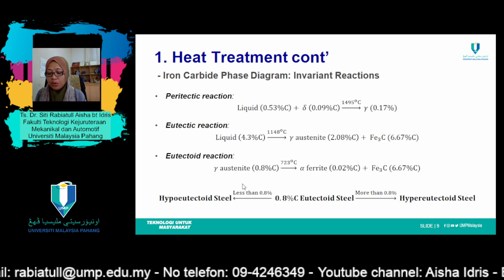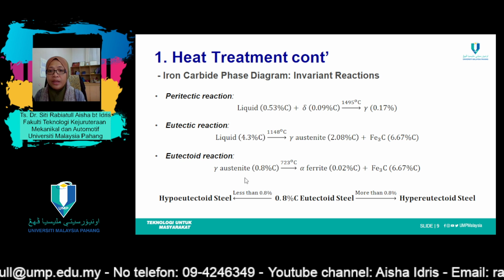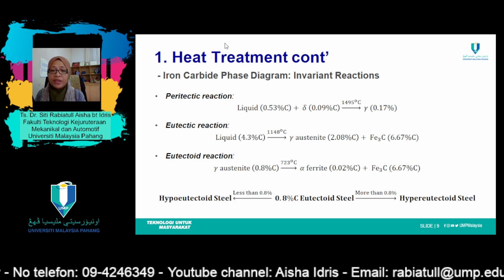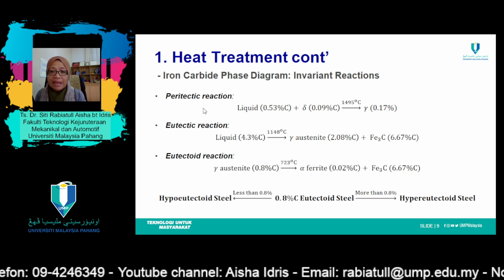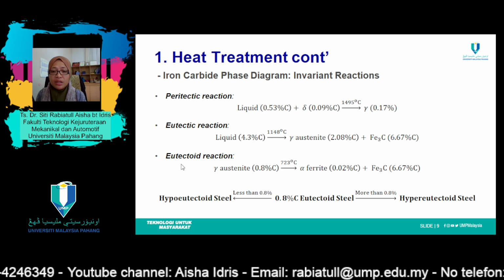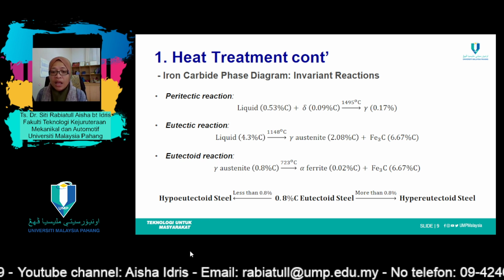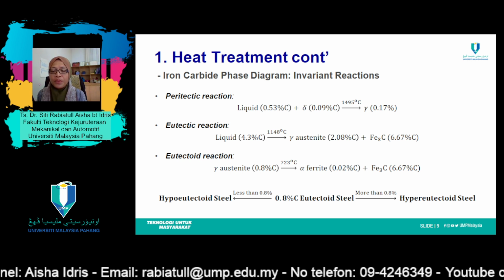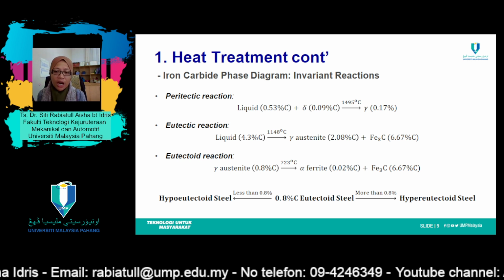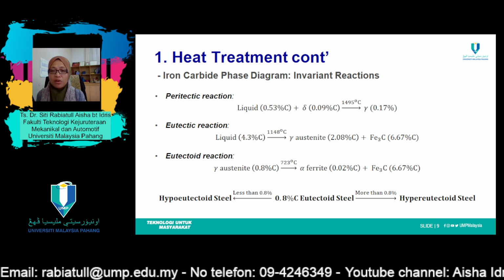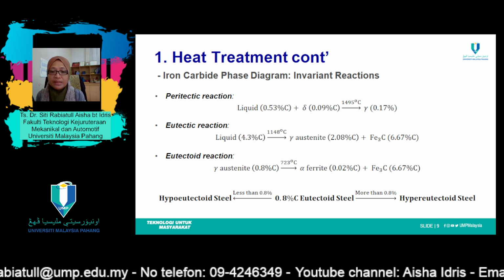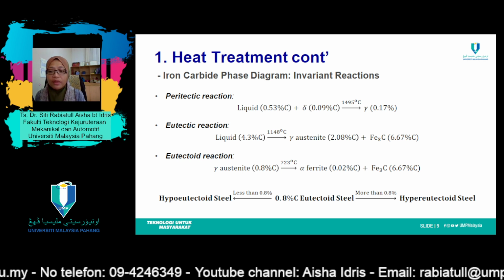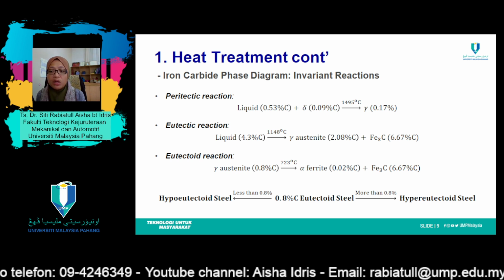Other than that, you should also remember the reactions that occur in the iron carbon phase diagram, which include peritectic reaction, eutectic reaction, as well as eutectoid reaction. And if you notice from our previous lecture, eutectoid steel equals 0.8% of carbon, and if the percentage of carbon is less than 0.8%, then it is called hypoeutectoid steel, and meanwhile more than that, it is known as hypereutectoid steel.